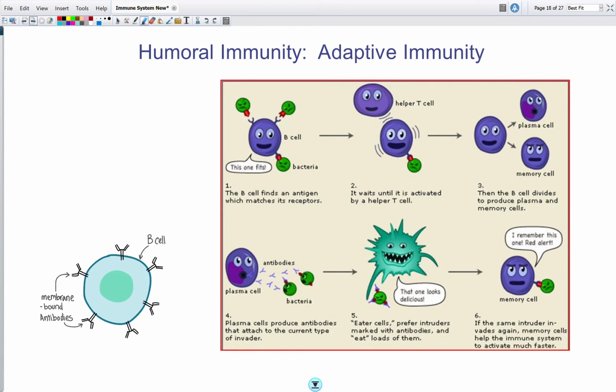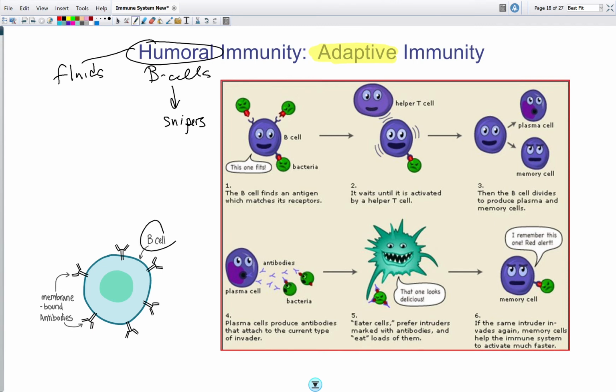Okay. So finally, let's talk about humoral immunity. Humoral immunity is another kind of adaptive immunity that involves your B cells. And the word humoral means the fluids. If the cytotoxic T cells are ninjas, then the B cells are like snipers. They kill from long distances.